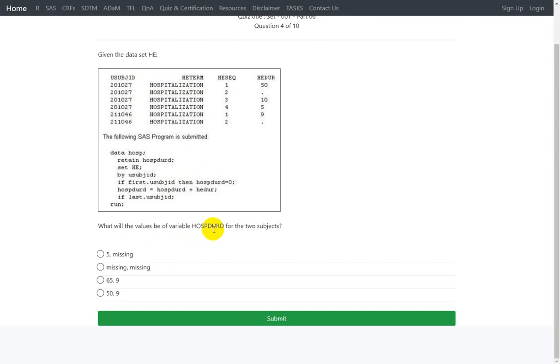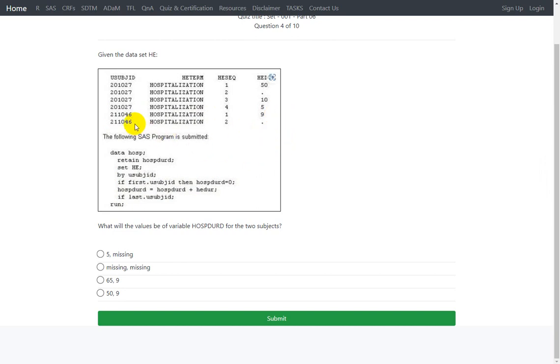So now we have identified the value which is coming for the first subject. It seems to be missing. Let us also evaluate it for the second subject. On the first record of the second subject, this condition becomes true, so HOSPDURD would be 0. And when this statement is executed for the first record of the second subject, it would be 9 plus 0, which would be 9.